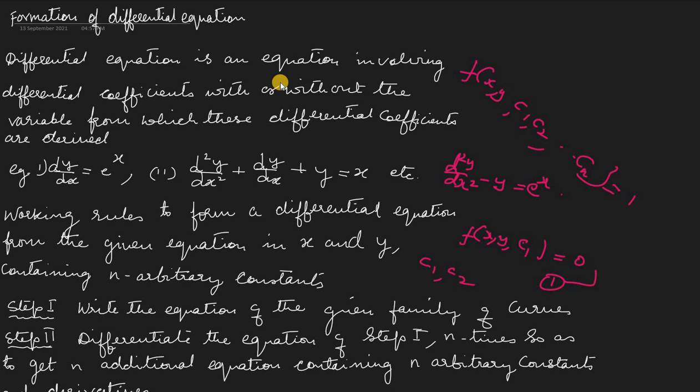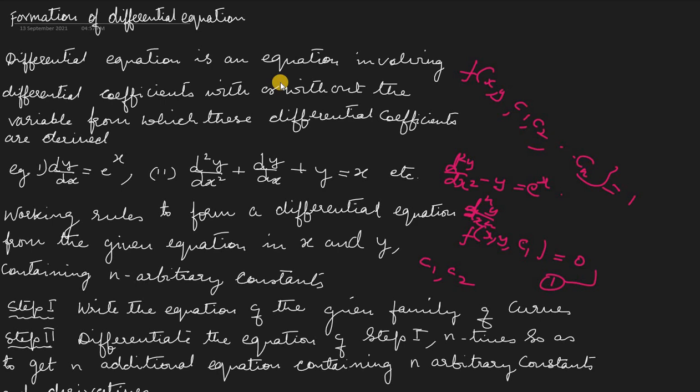The required equation you will obtain is a differential equation of order n, that is of the form d^n y/dx^n. To form a differential equation means you have to eliminate the constant terms, and how many times you differentiate the given family of curves depends on the number of constant terms. If it involves only one constant term, differentiate equation 1 only once and then eliminate c1 to obtain the required differential equation.